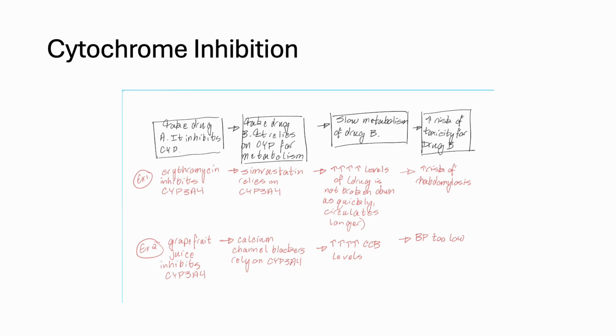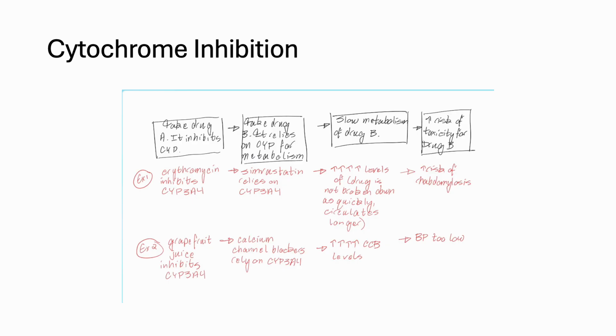So what's an example? Erythromycin is an antibiotic, and it inhibits this cytochrome enzyme. If you took erythromycin and simvastatin together, simvastatin relies on those enzymes. What you're going to end up with is a lot of active simvastatin floating around.